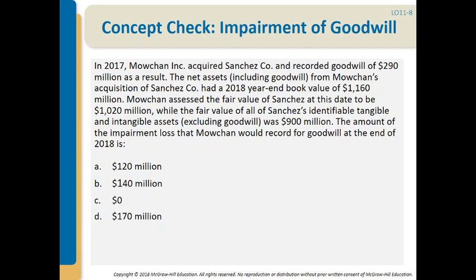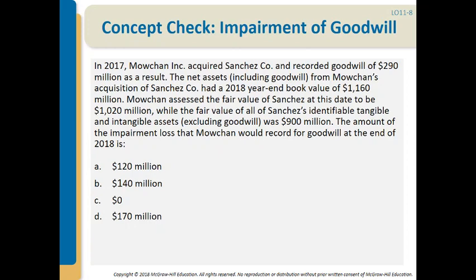while the fair value of all of Sanchez's identifiable tangible and intangible assets, excluding goodwill, is 900 million.